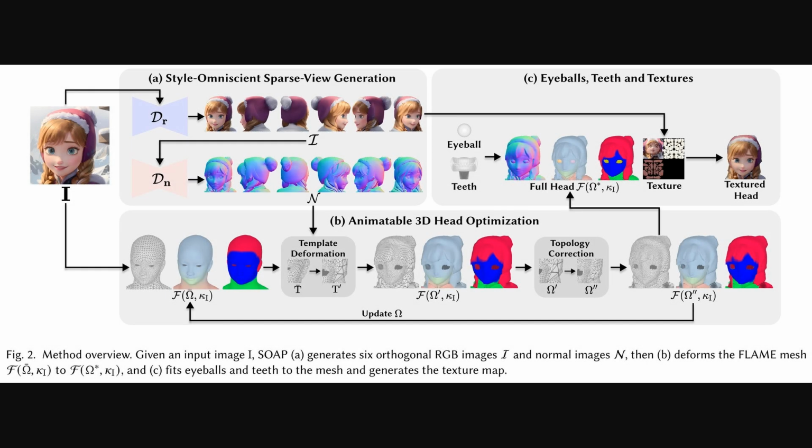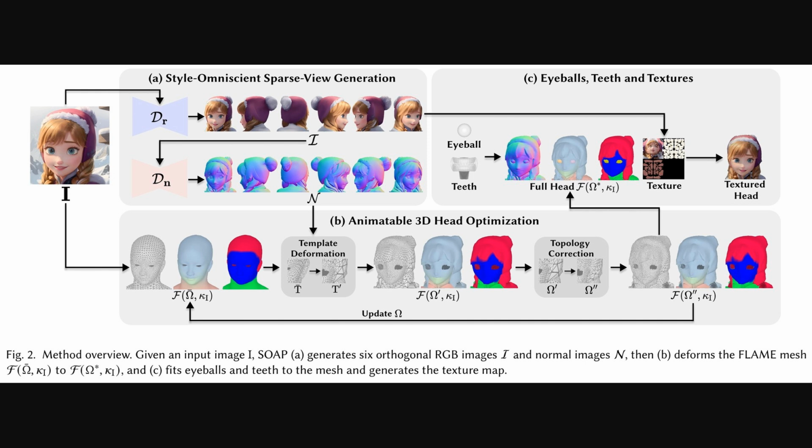Okay, so after seeing those impressive results in Figure 1, Figure 2 here shows us the SOAP method's pipeline. It kicks off with Style-Omniscient sparse-view generation. From the single input portrait, the system creates 6 different viewpoints. These aren't just color images. They also include normal maps, which are images encoding 3D surface direction, crucial for defining shape.